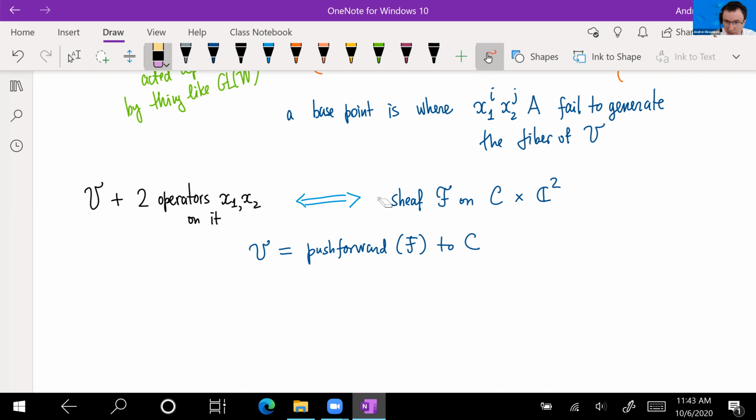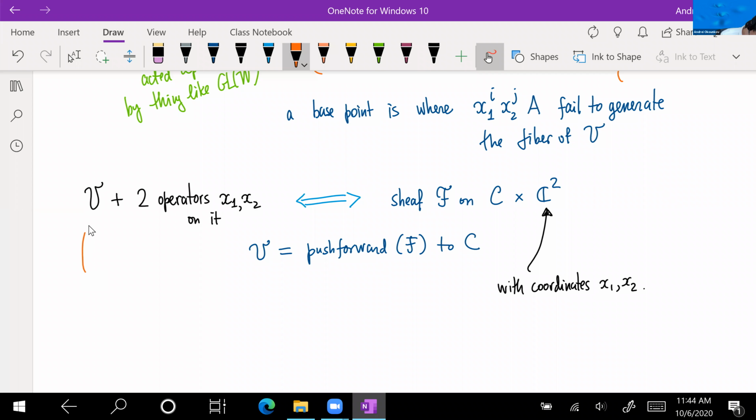So we push it forward to the base, and we get a sheaf on the base together with the action by multiplication by the two coordinates. And conversely, if I have that push forward and I know how the coordinates act, then of course it gives me a sheaf on the whole threefold.